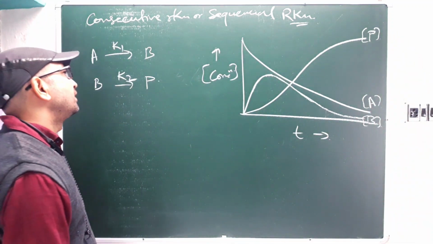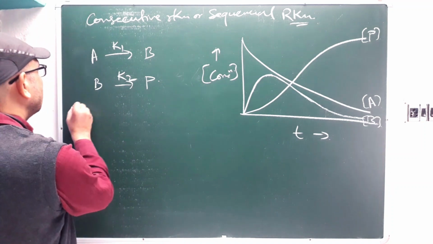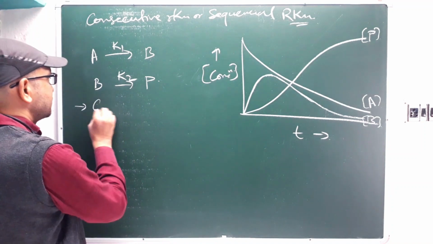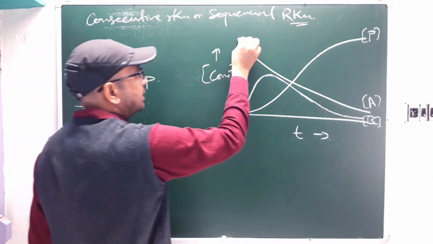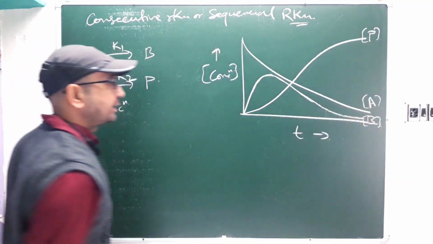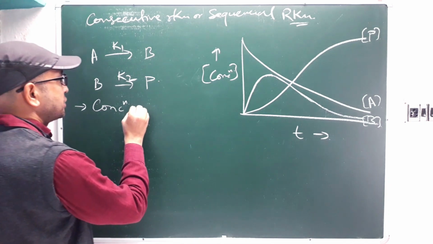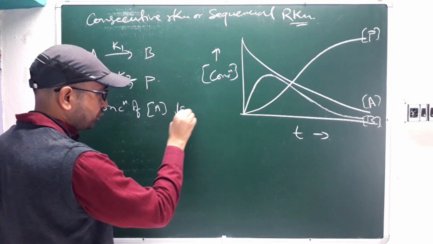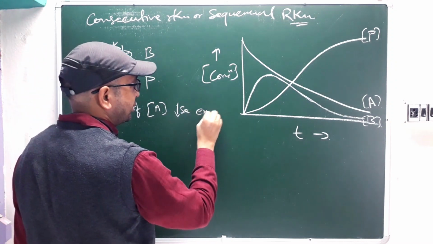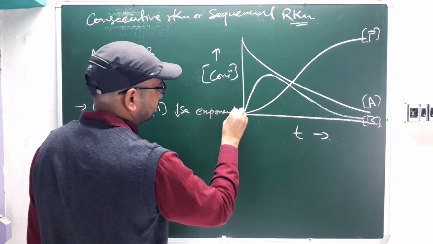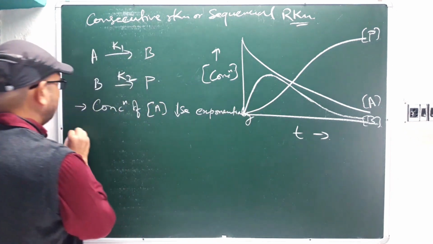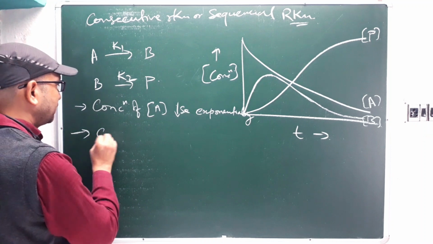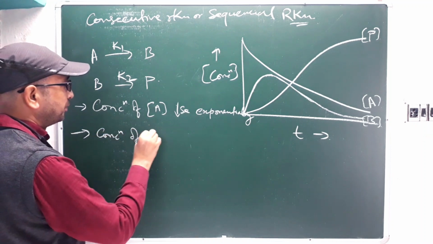Now if they ask a question, before that we'll write down what all the points are in this. The first is concentration. We can see the concentration of A is decreasing exponentially. Now for the concentration of B, what is happening?